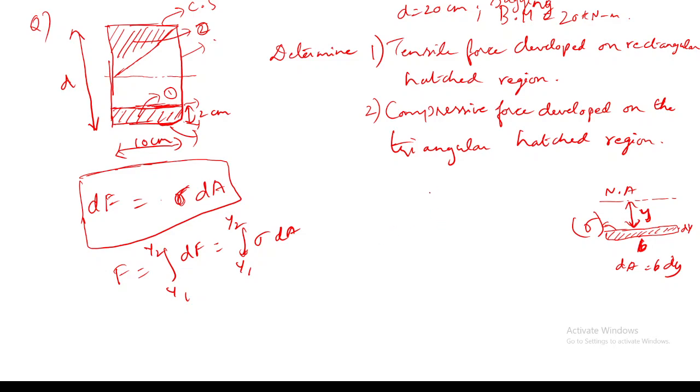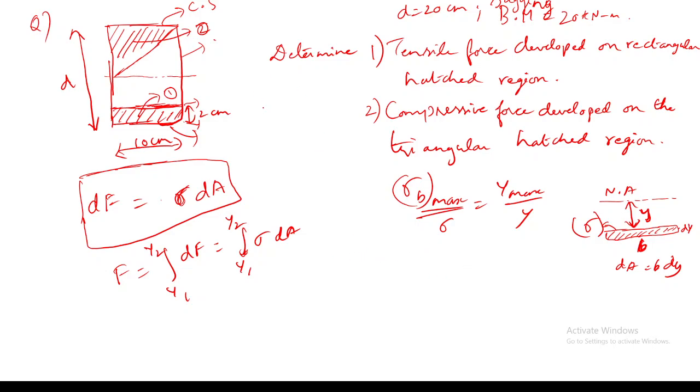Using that you can find out the maximum value of bending stress, and based on that you can use this equation and convert sigma in terms of y. So what will be the maximum value of bending stress for this given question? Is it 30 MPa? Yes, it is 30 MPa.